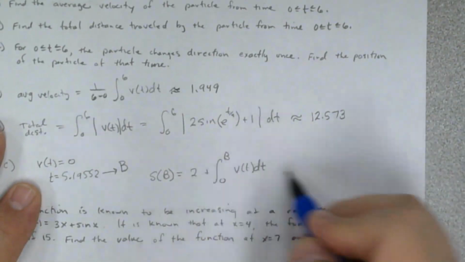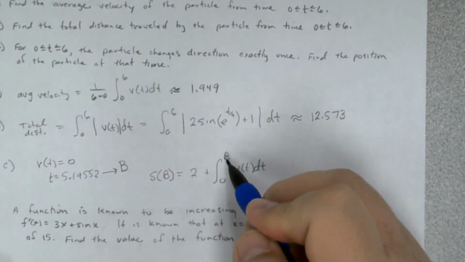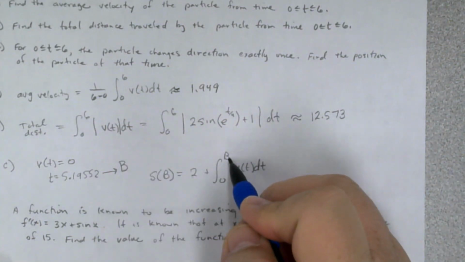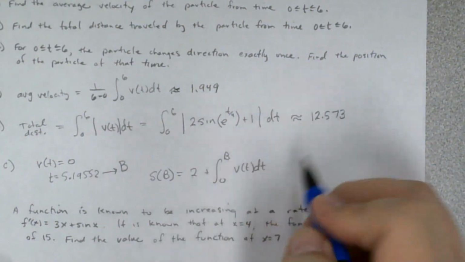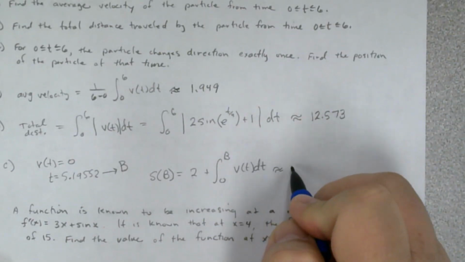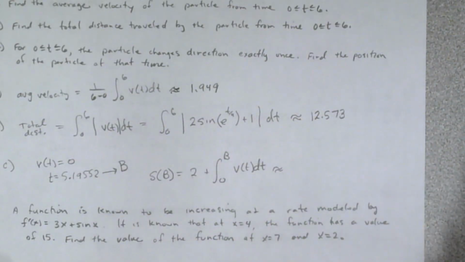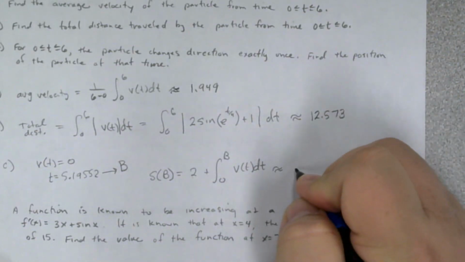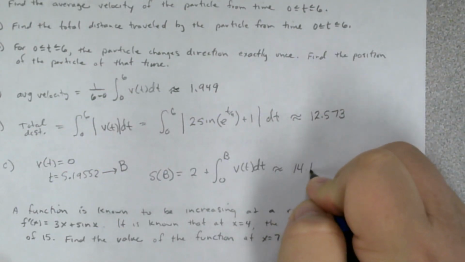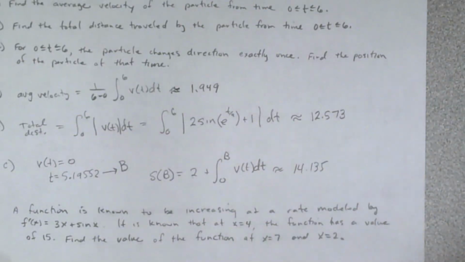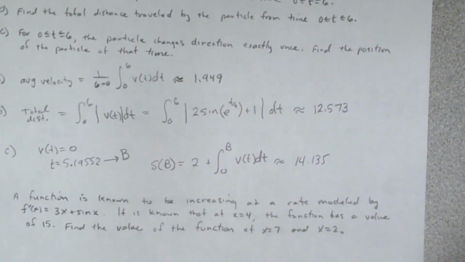Then you can type all this into the calculator, and if you stored it in B, you would just type B up here. Don't type the number, you type B. And guess what? You will get this answer. Give it a try. Pause it. Try it yourself and see if you get the right answer. Here's what you should get: 14.135. And so that's how you can do a couple of things there.